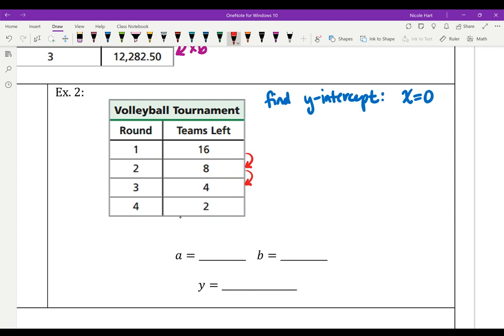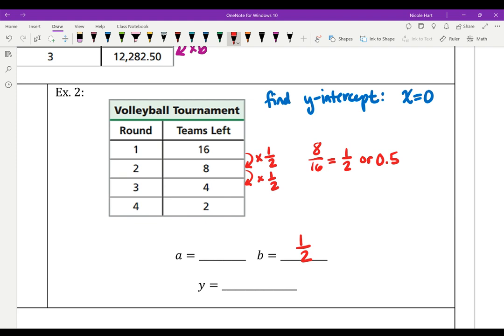So 16 times what is 8? 8 times what is 4? We can take 8 divided by 16, and we find that that is 1/2, or you can say 0.5. This is going to be a decay since it's between 0 and 1. I'm going to use 1/2, but again, you can use 0.5 if you want.